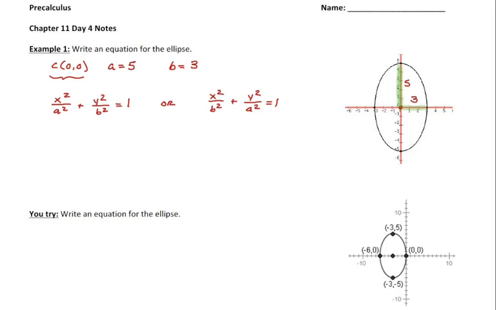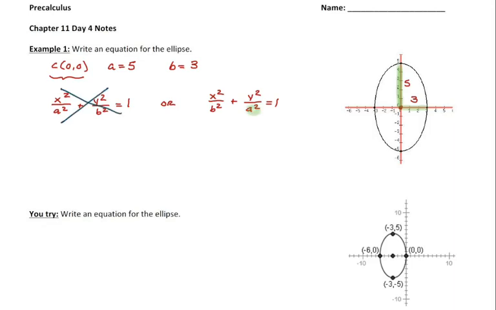Remember, a is the larger of the two distances and also should go underneath the variable that makes most sense in the picture. So in this case, this ellipse in example 1 is taller vertically than it is horizontally. And what that should tell me is that my a value, or my a squared value, should go underneath my y variable. So I can cross out this first equation.